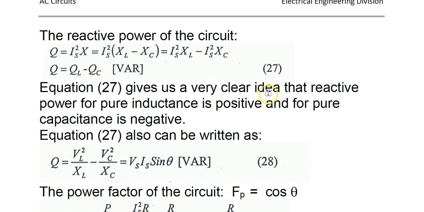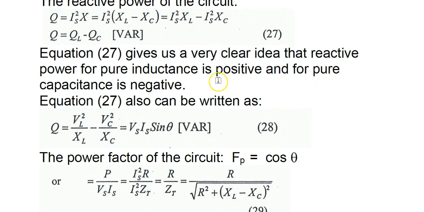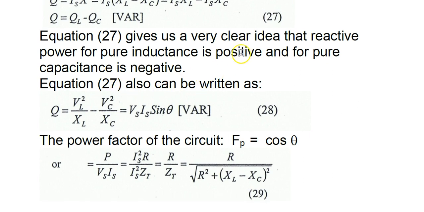So equation 27 gives us a very clear idea that reactive power for pure inductance is positive and for pure capacitance is negative. And equation 27 can also be written as Q equals VL squared over XL minus VC squared over XC equals VsIs sine of the angle theta.